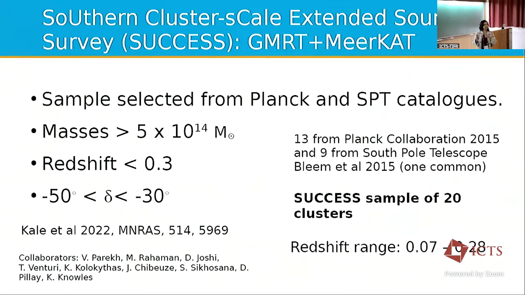These are basically massive clusters at low redshift and selected specifically in the southern sky, where the surveys had so far missed these systems. We have a sample of 20 clusters which we have undertaken a study of, and they span a redshift of 0.07 to 0.28.